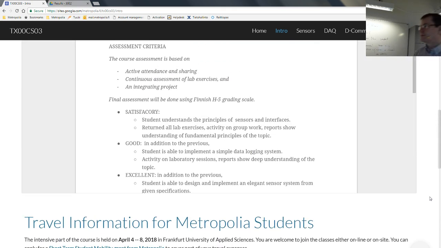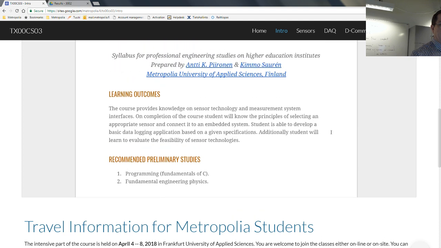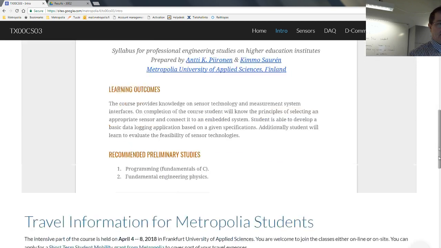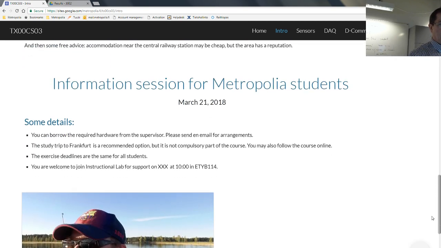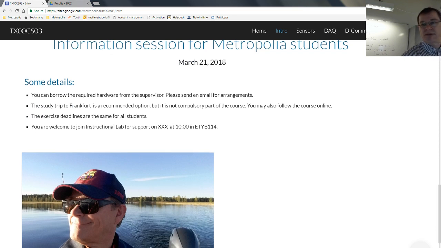We will have a study trip on the programmable system chip design course. And then this one is the syllabus of sensors and interfaces. I need to update this anyway.